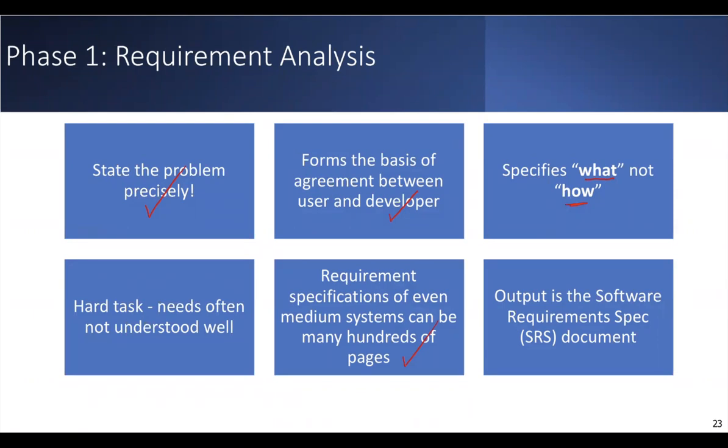A lot of what questions should be answered in this phase. The output, as I said, is the SRS document, which is the software requirement specification document. So you will see that after each of those phases in the software development process, we always generate documents.